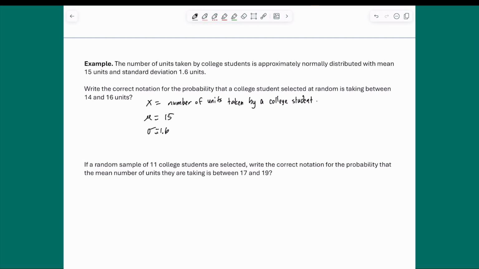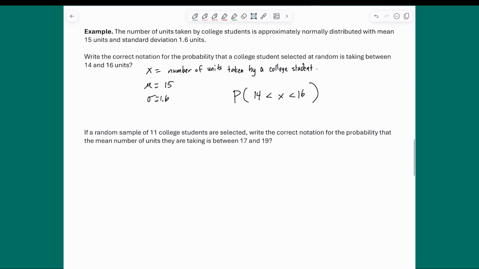We're not doing any calculation here except representing the probability. We use a capital P to represent probability, and enclose the event in parentheses. So the probability of my event X falling between 14 and 16 would look like that. Okay, and that's how we would represent the probability that our random variable X falls between 14 and 16.